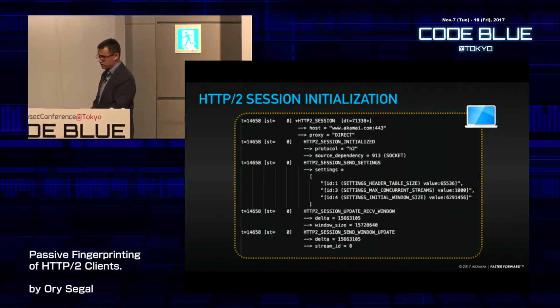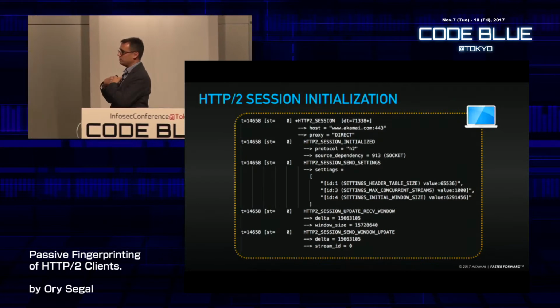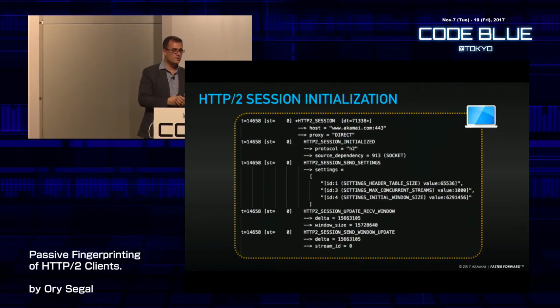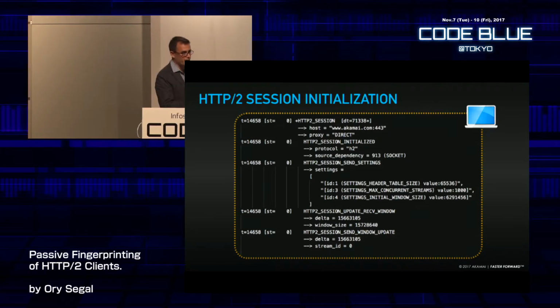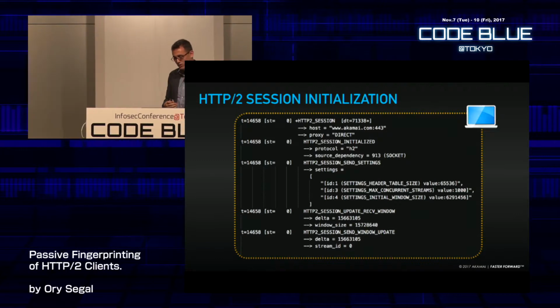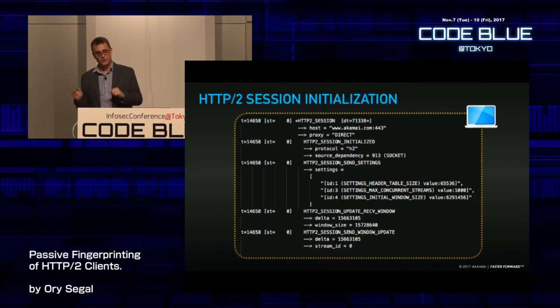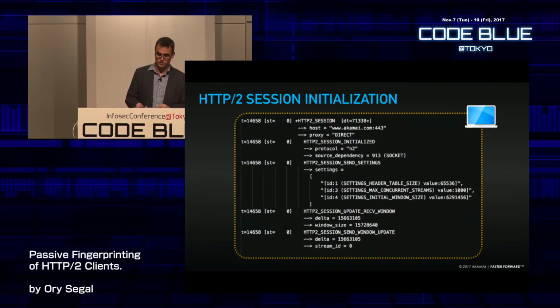And so the clients usually declare that they want to talk HTTP 2 using the ALPN, the application-layer protocol negotiation extension. I apologize for that. So that's one of the ways for a client to actually say to the server that they want to talk HTTP 2 when they start a TLS connection.